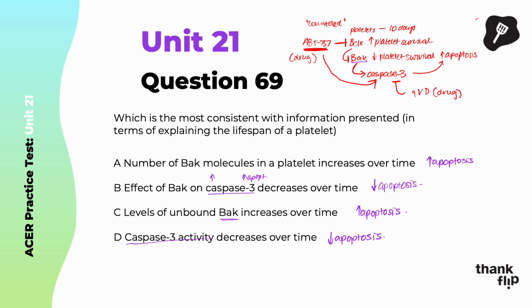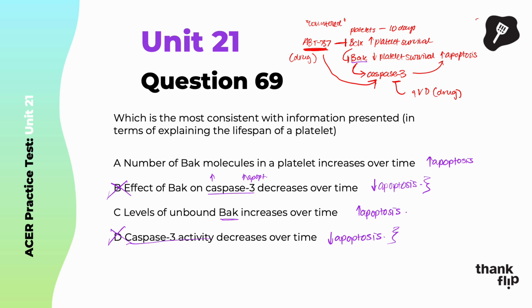So as the lifespan progresses, we know that platelets die. That's something that we can get from the stimulus, is that they circulate for around 10 days and then they are cleared out, right? So that means that the options that say apoptosis is decreased would be incorrect, right?